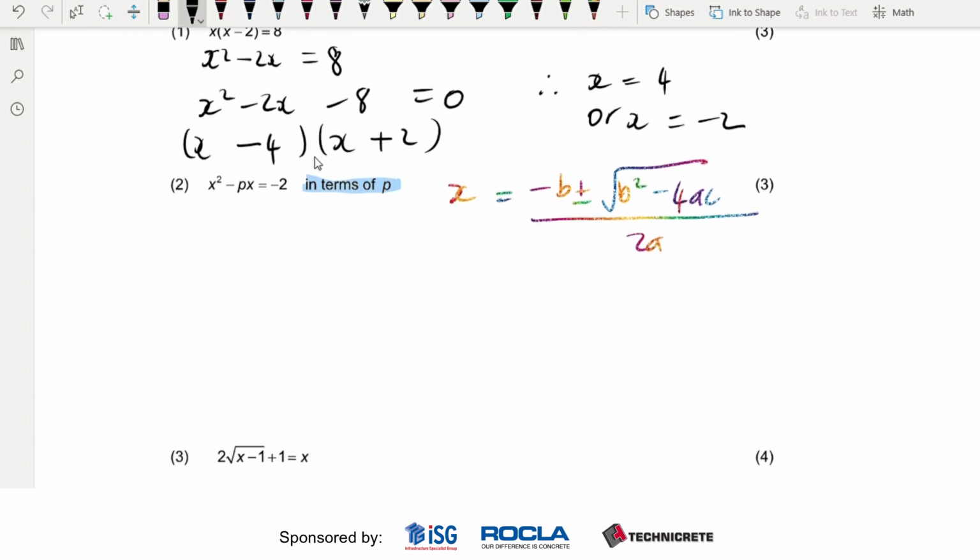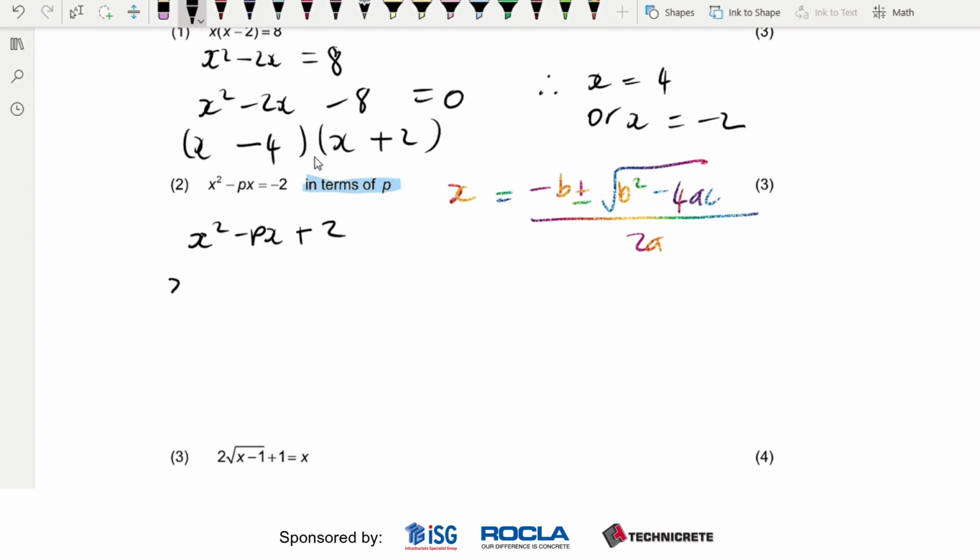So let's rewrite this into standard form as a trinomial. This would be x squared minus px plus 2, because we're going to take our negative 2 from the one side to the other side. And now we have everything in the standard form, ax squared plus bx plus c. Now we can use our quadratic formula.